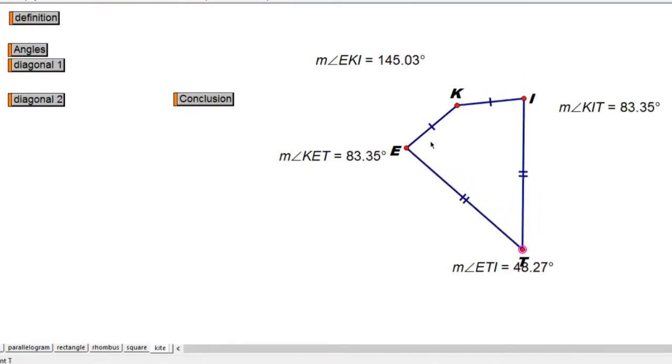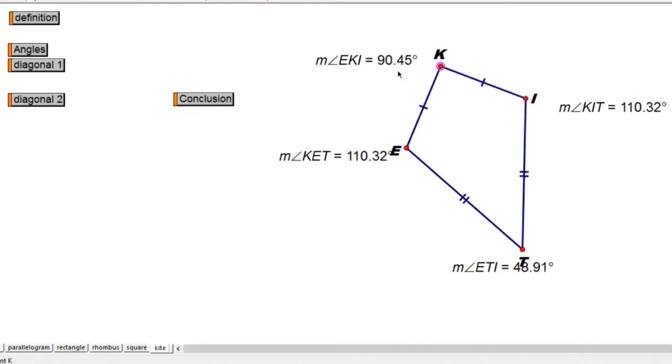Now, what do you say about angles of a kite? What angles of a kite are congruent?